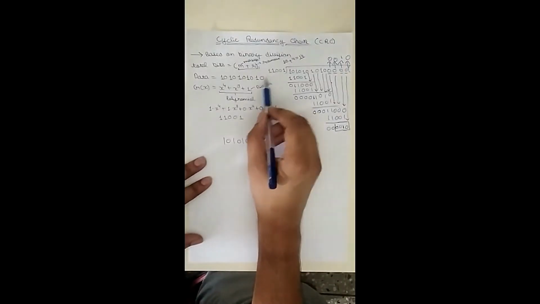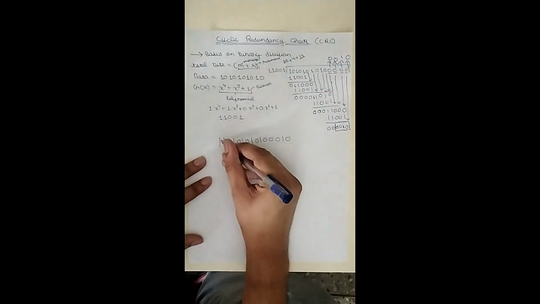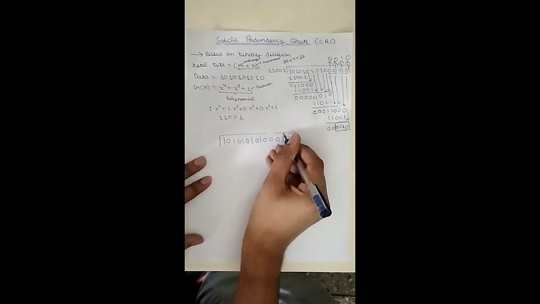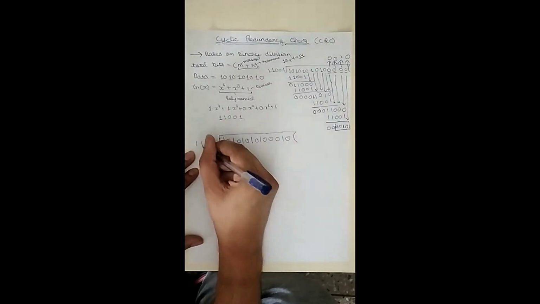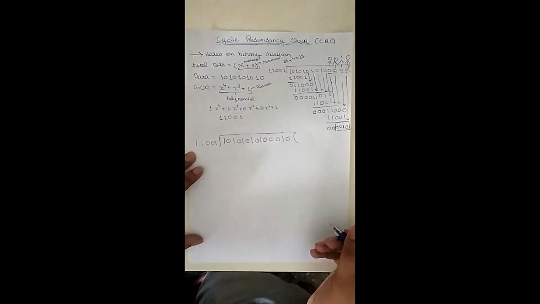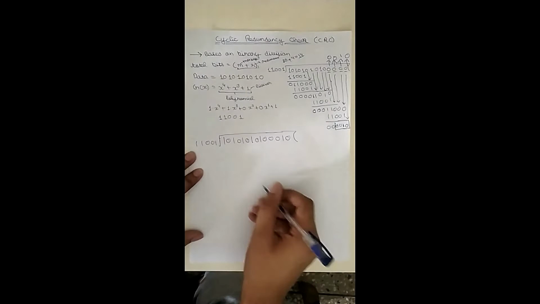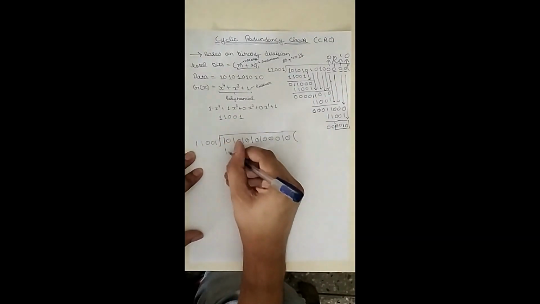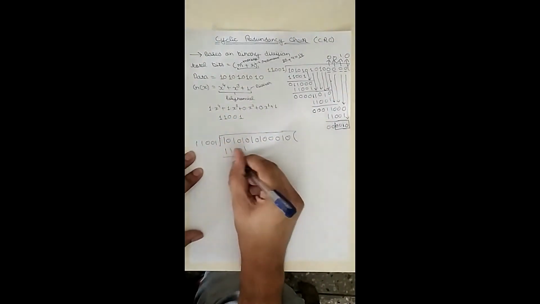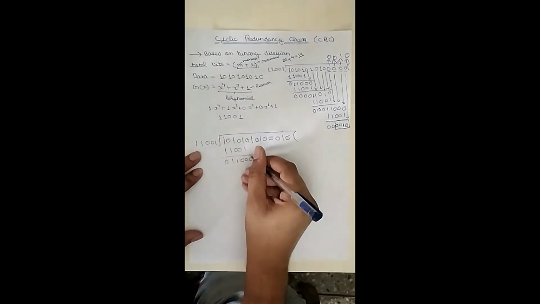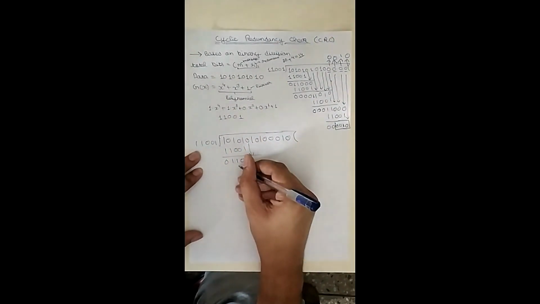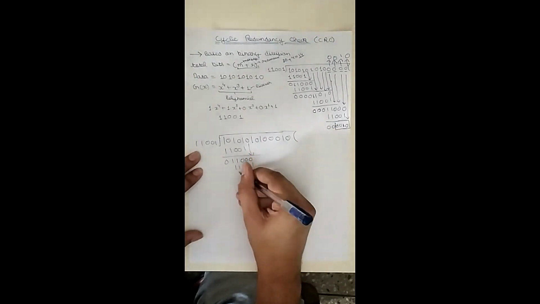Now the receiver also has this polynomial, so the receiver will divide this data by this polynomial. It means again that binary division will take place. Okay, so if we do 1 1 0 0 1, we can do it fast enough. 0 1 1 0 0, and we have appended a 0 here, so it will be 1 1 0 0 1.